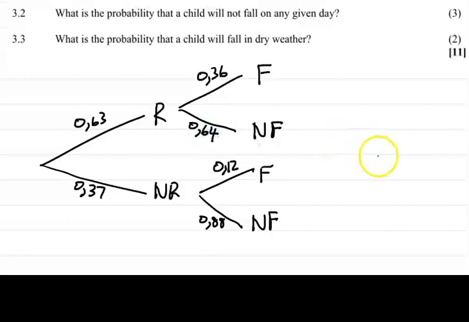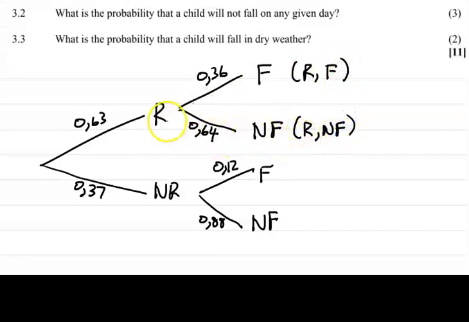Now that's our tree diagram completed. So the number of outcomes, as I mentioned earlier, will be multiplied by the number of options in each event. So therefore, we have R for rainy and F for falling. So we can write R, F, R, NF.